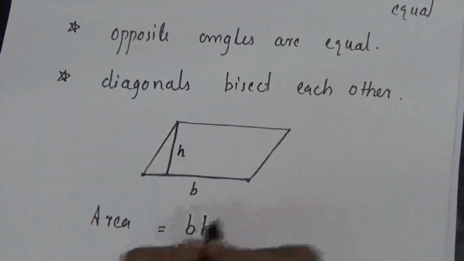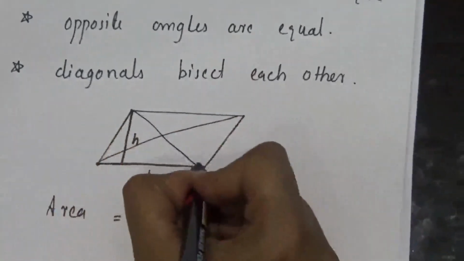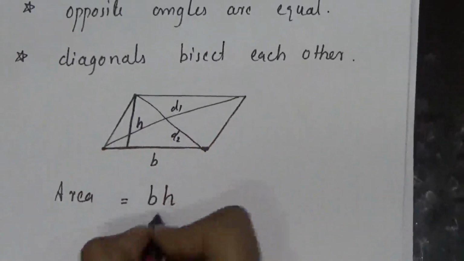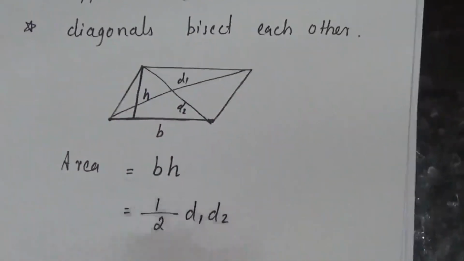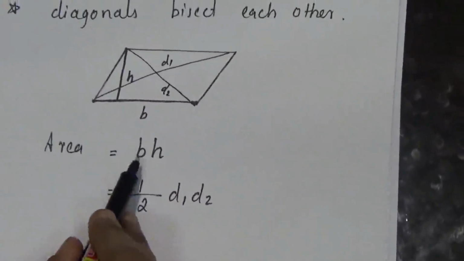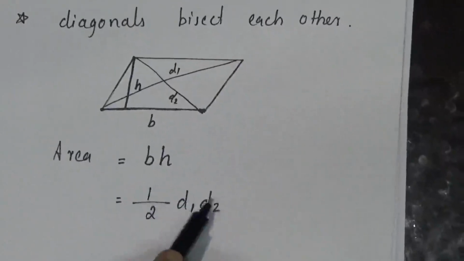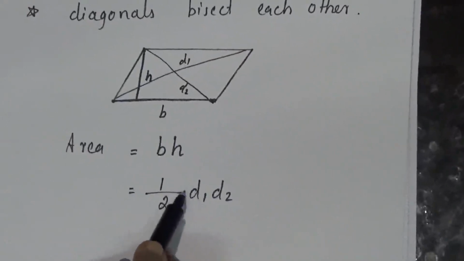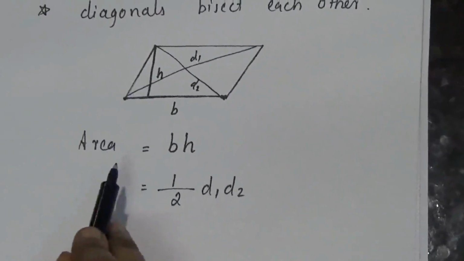And if you know the lengths of the diagonals, suppose the first diagonal is D1 and the second diagonal is D2, then you can find the area as half D1 D2. So remember these two formulas.